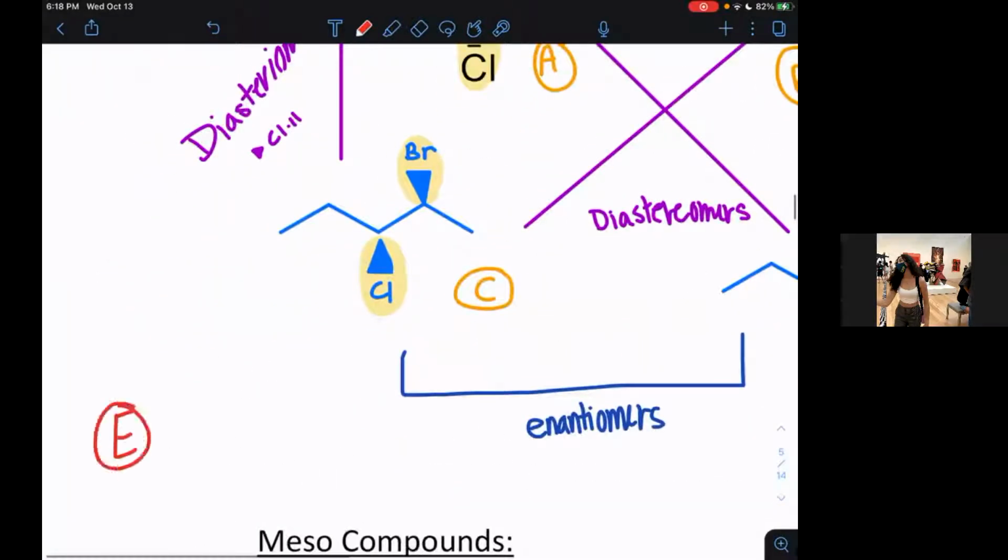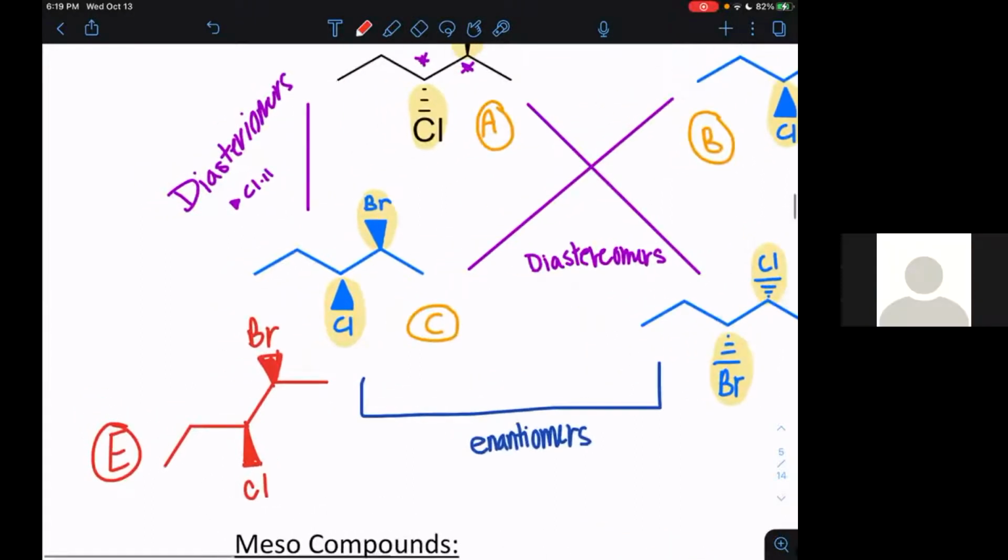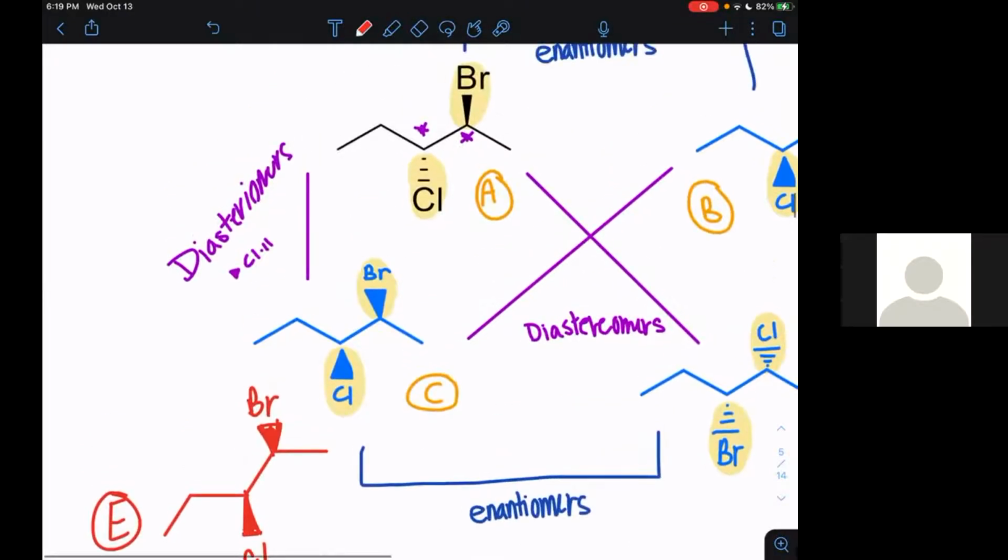So E. Okay, and then she rotated it. The original one is C. The one above it with the Br, it's the cis compound with the Br dashed.